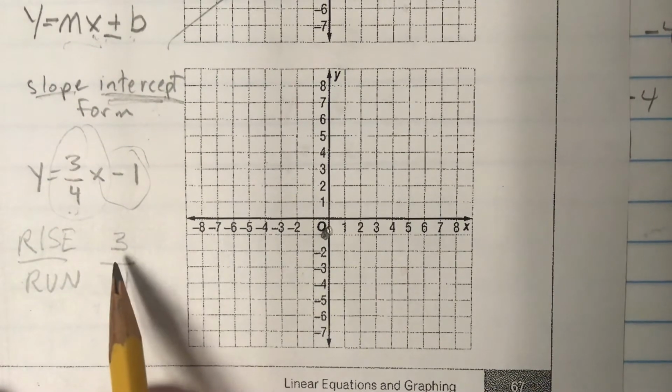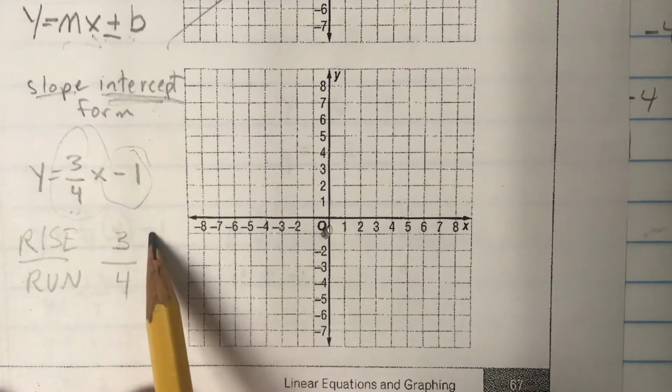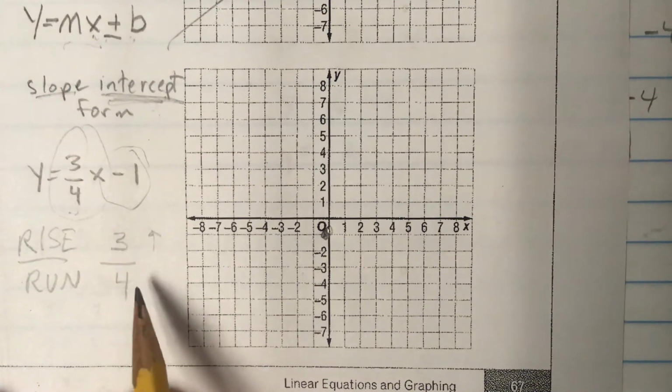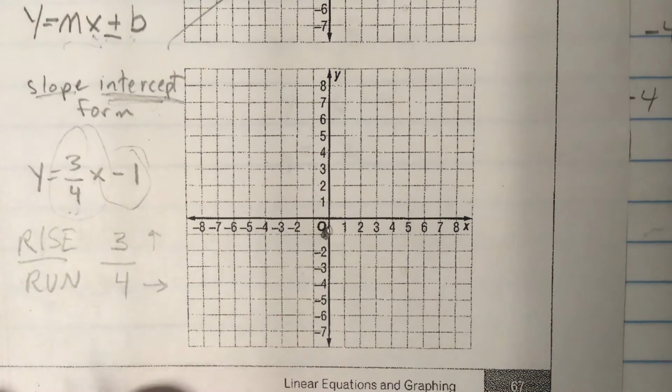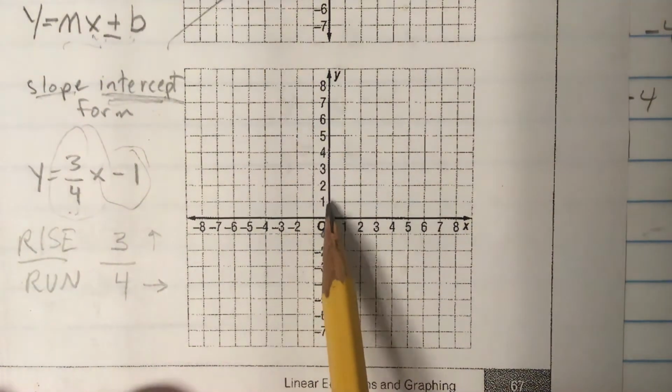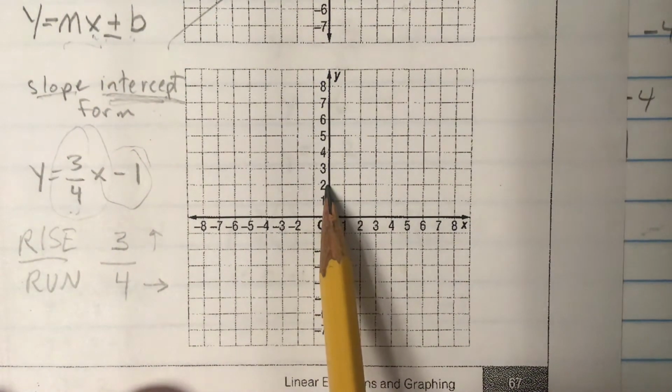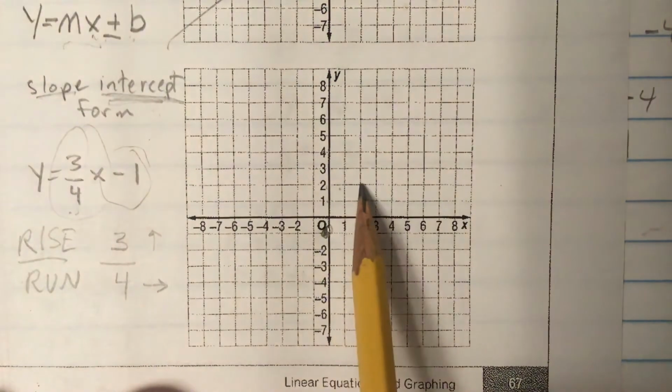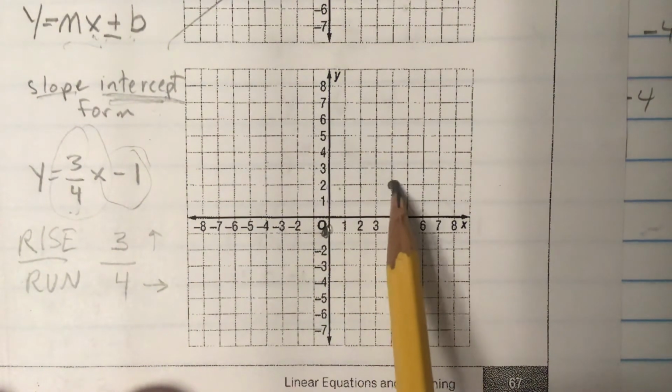So I know that it's going to rise, or go up 3, and it's going to run, or go over 4. So from here, I can go up 3, 1, 2, 3, and then I'm going to run 4, 1, 2, 3, 4.